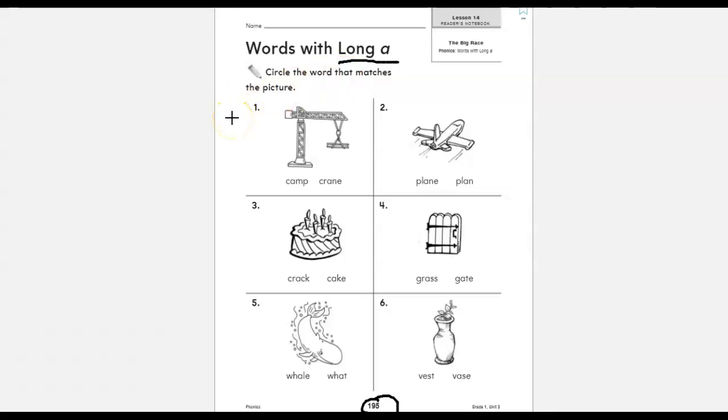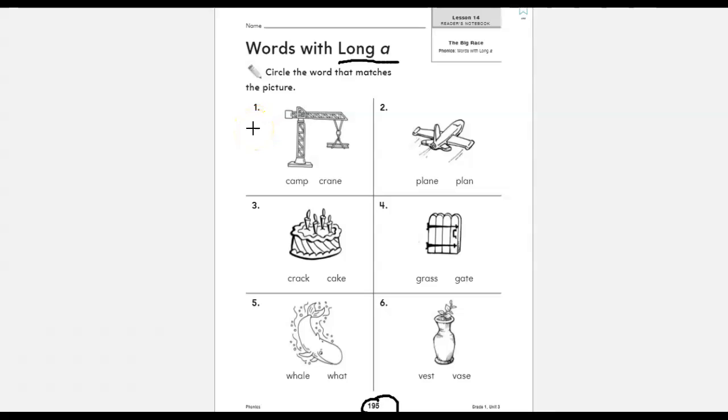So what we're going to do, our directions tell us to circle the word that matches the picture. So we have six pictures, and we have to match one of these two words to the picture. So let's look at number 1.